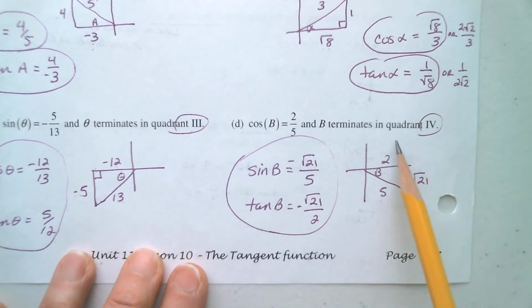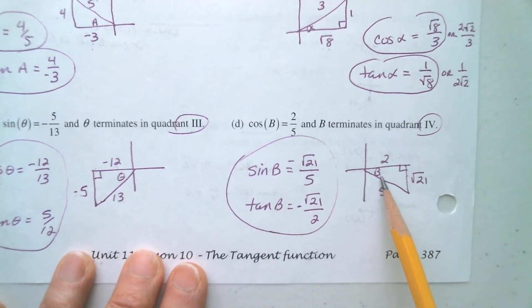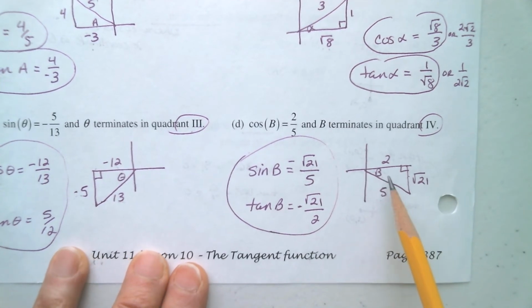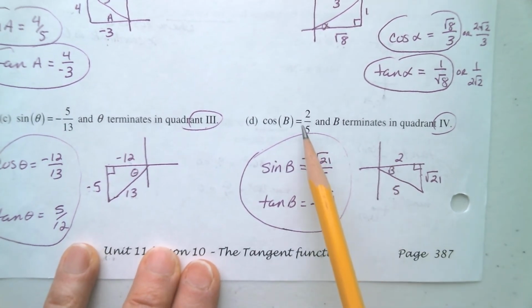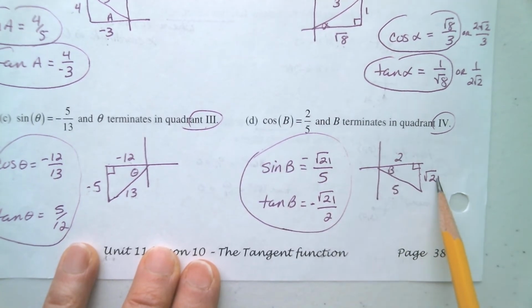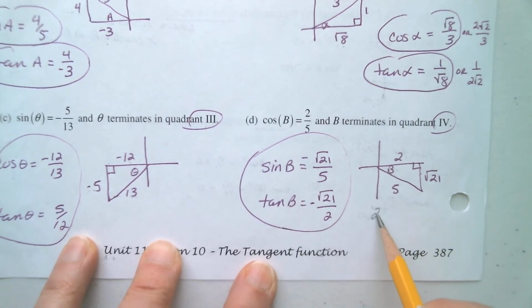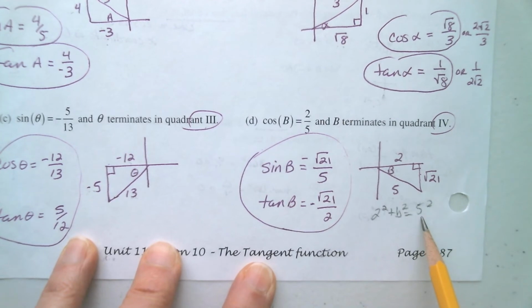And D, we're in quadrant 4, drawing a right triangle in quadrant 4, labeling angle B. The adjacent side is 2. We need to find the opposite side. So we're simply doing 2 squared plus b squared equals 5 squared. That's 25.